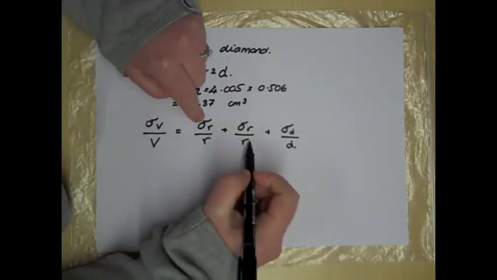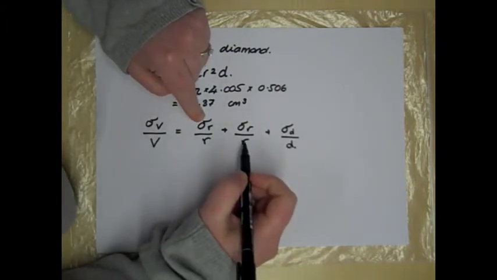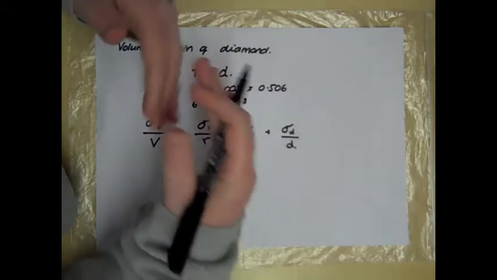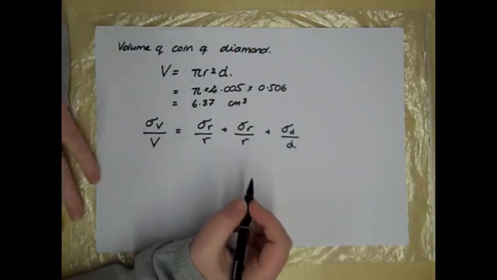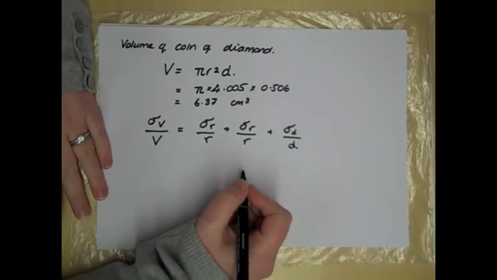The reason I've got two r's here is because I have the radius squared, so I need to take account of that error twice to get the error into the volume.